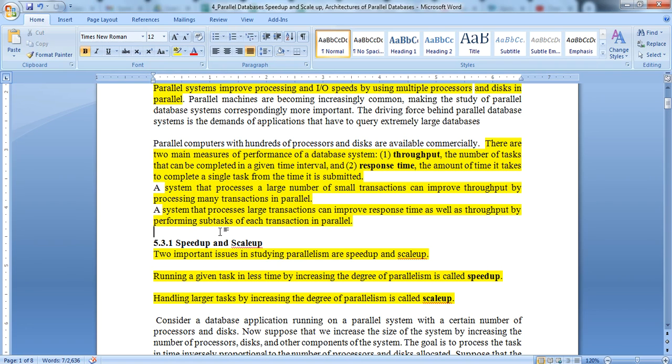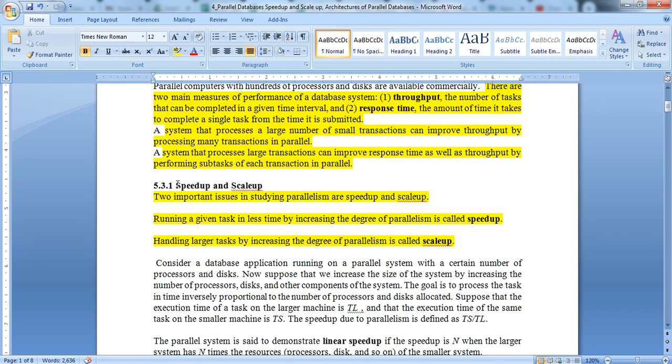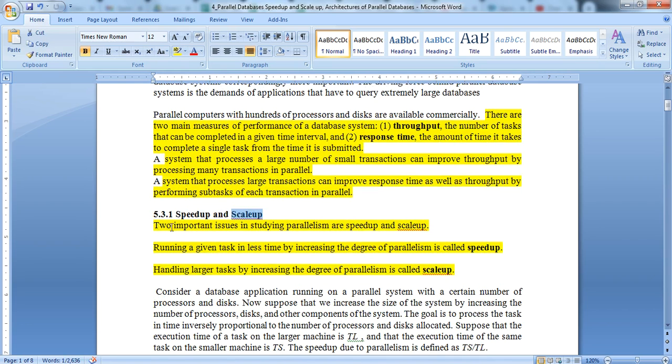Now the next points related to the system are speed up and scale up. Two important issues in studying parallelism are speed up and scale up. It means the system speeds up the process and also scales it up, giving maximum output in minimum time.